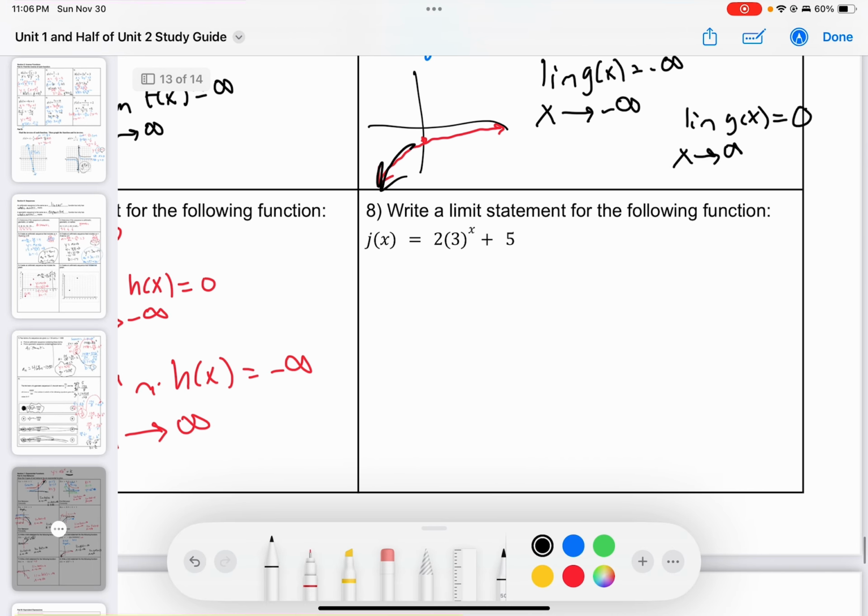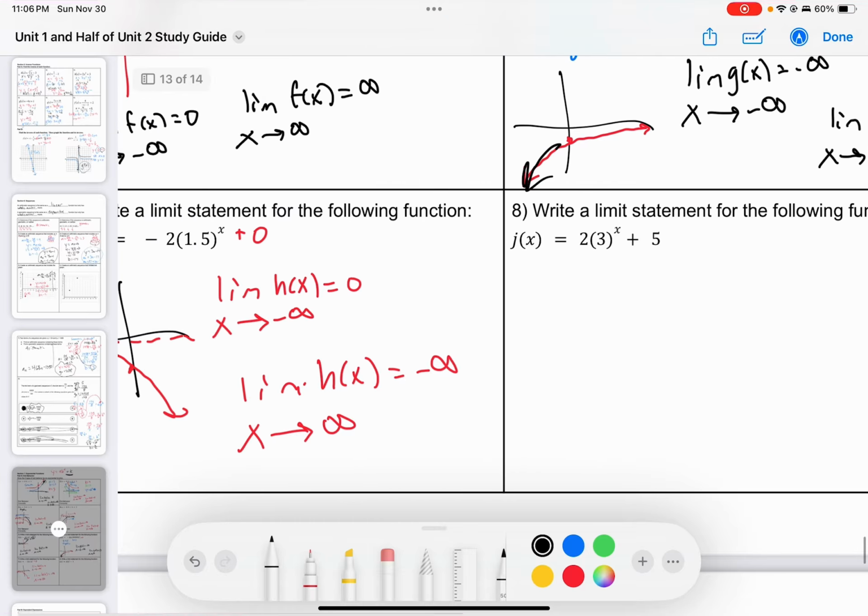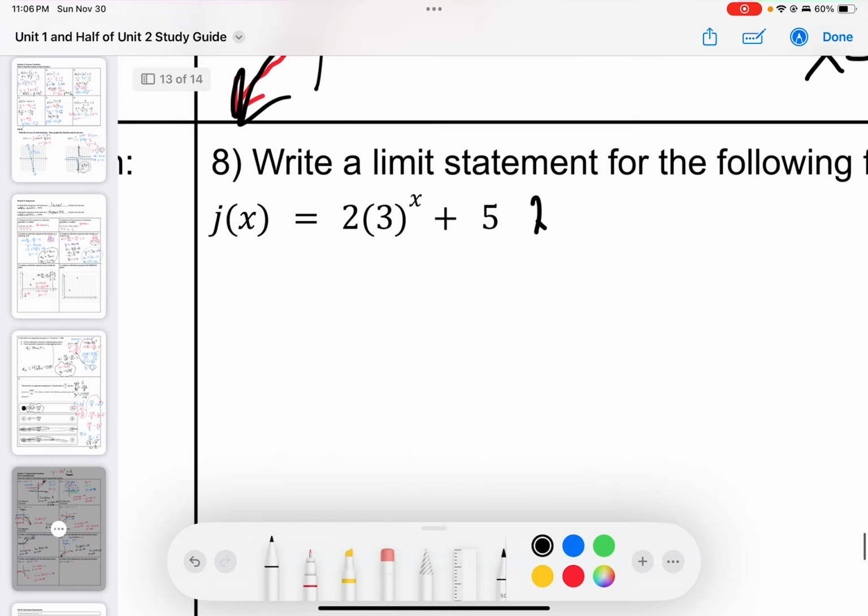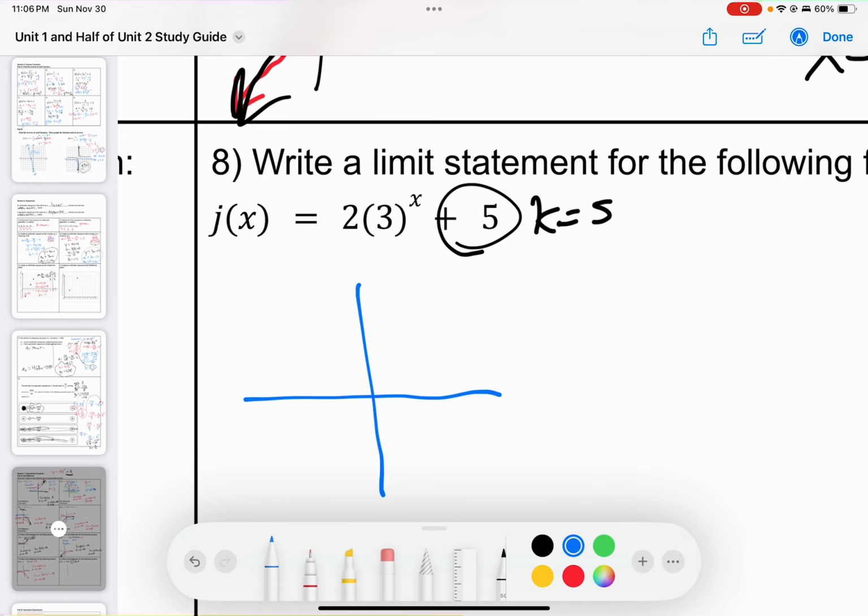All right, this one, I'm glad I wrote this question. We have a k of 5 right here. So that means we're going to be shifted up 5. So we have something like this. It's exponential growth starting at 2, multiplying by 3. So it should look something like that. But then we take this whole thing and we just drag it up 5. So it's really going to look like this.